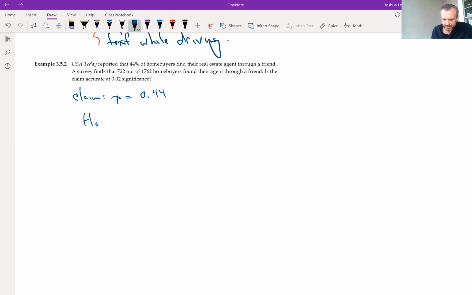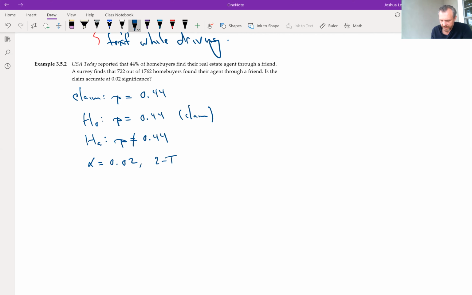So now we place it. Null or alternative. Well, notice my claim now contains the equality, right? So that's my claim. My alternative then is P does not equal 0.44. So we have alpha is 0.02.